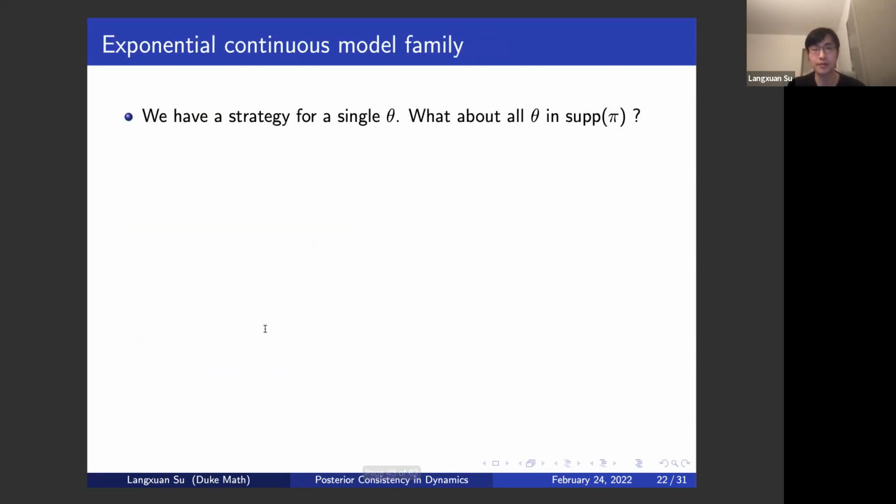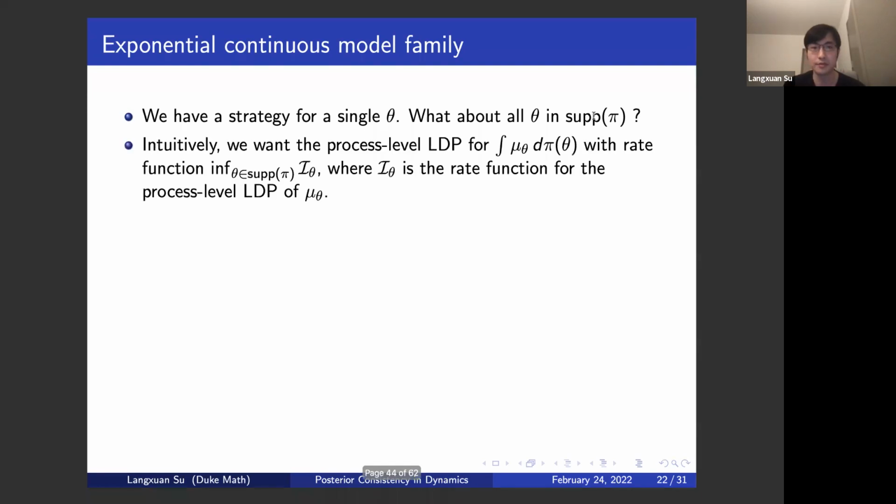Okay, so the last step. What we showed before is how to connect, in the case when you only have a single parameter, the asymptotic characterization with the Donsker-Varadhan lemma. To prove the whole characterization, we need to work out a strategy for showing it for any parameters in the support of any measure.